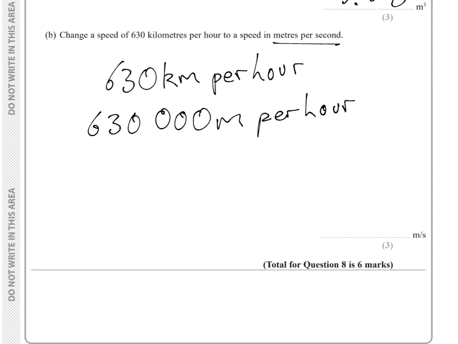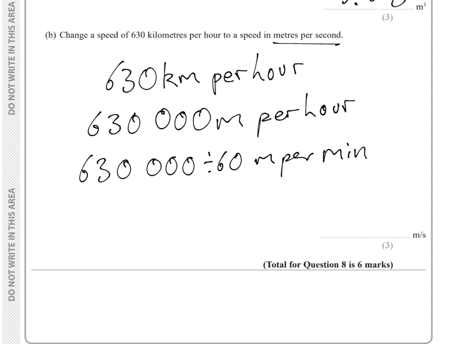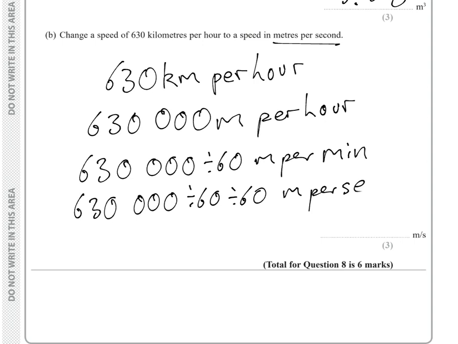And then we've got meters per minute, so we're going to divide by 60. 630,000 divided by 60 is meters per minute, because there's 60 minutes in an hour. Then 630,000 divided by 60, divided by 60 again, is meters per second. It is 175 meters per second.